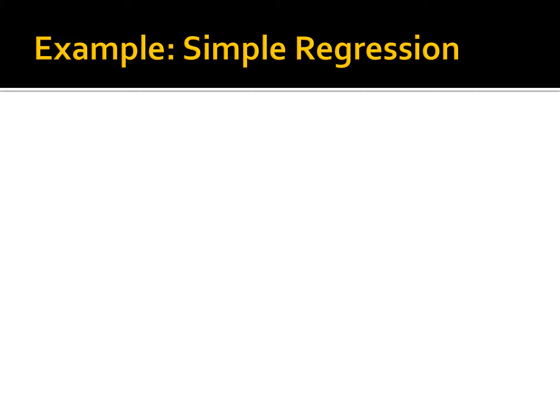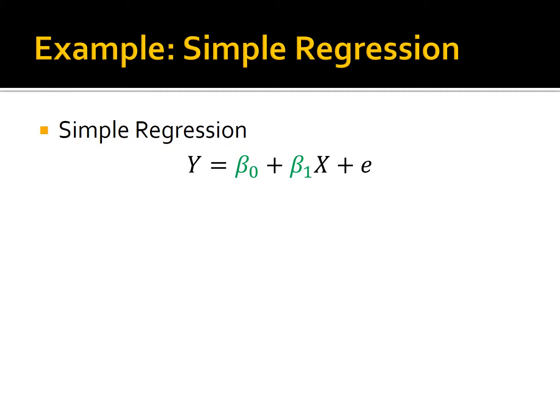So right now we have some ideas how expectation, variance, and covariance work. From here, I will provide some examples so that you can utilize this knowledge in many circumstances. The very simple one is simple regression.